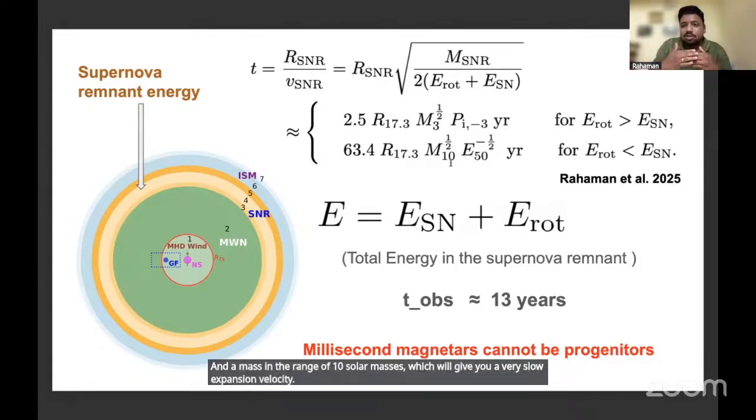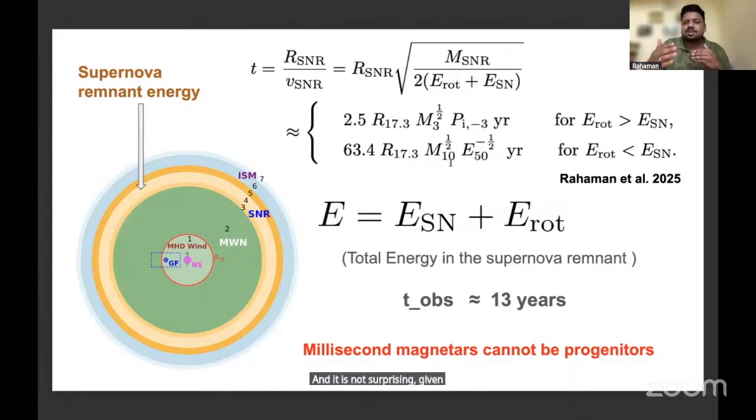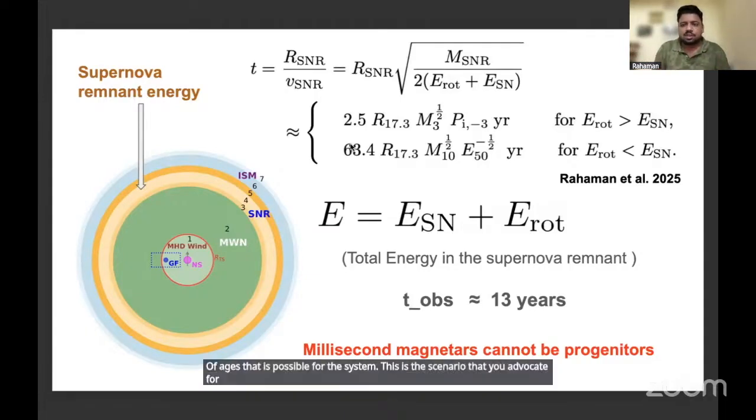And it is not surprising that, given the slow expansion velocity, for the same size you are reaching an age of up to a few decades. Given that this scenario allows for a longer and wider range of possible ages for the system, this is the scenario that we advocate for in our work.